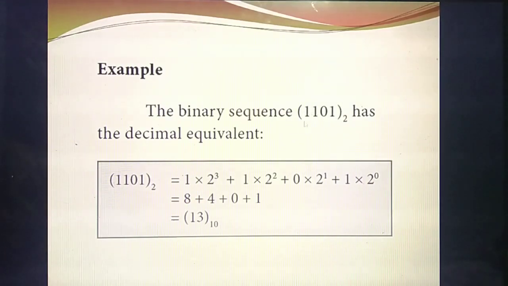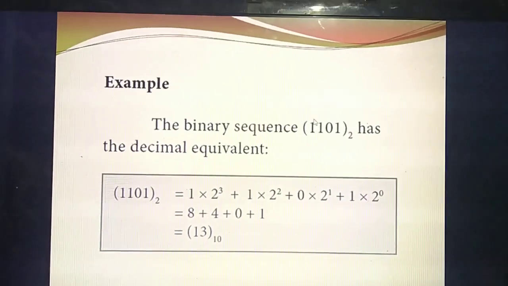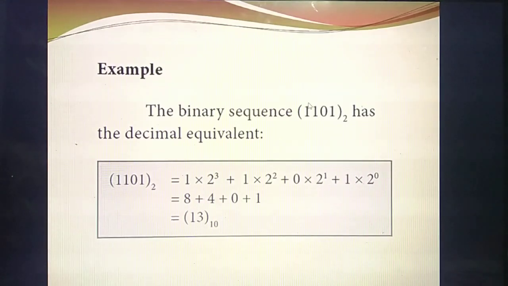Binary number means you should always multiply each digit with the power of 2.